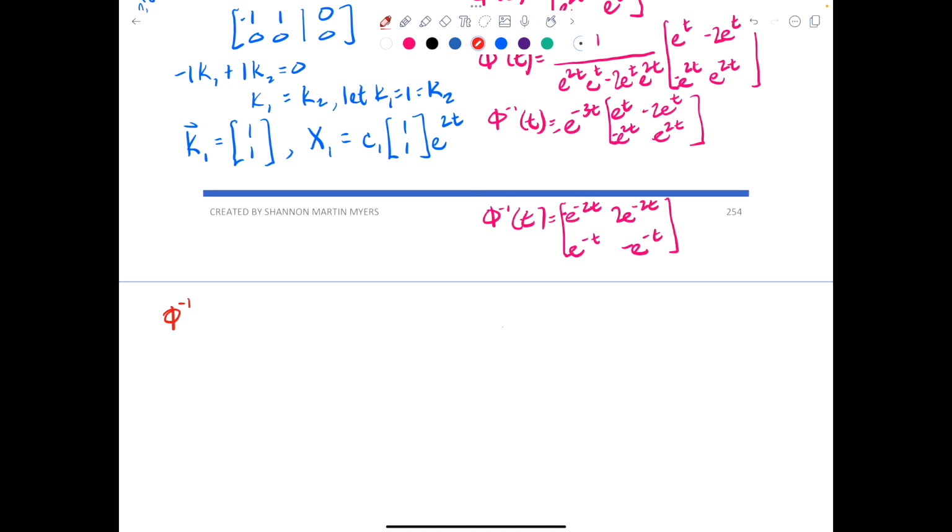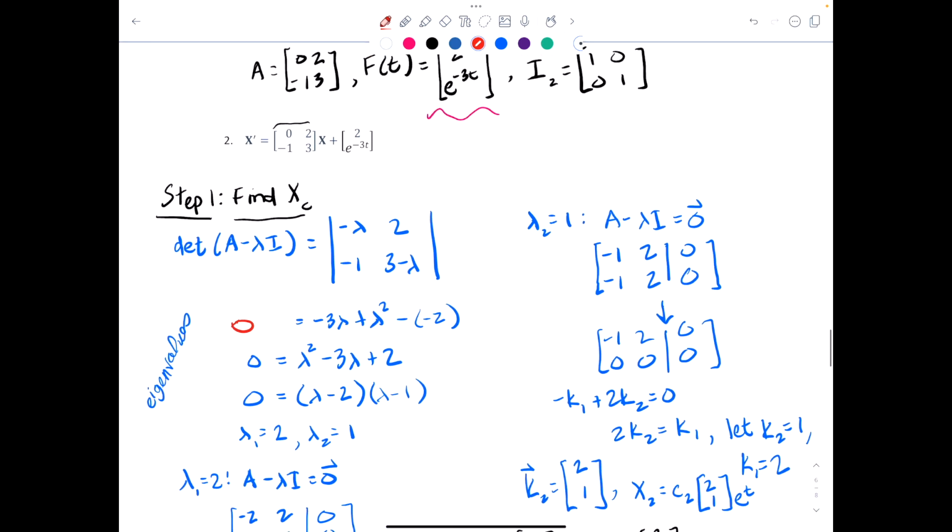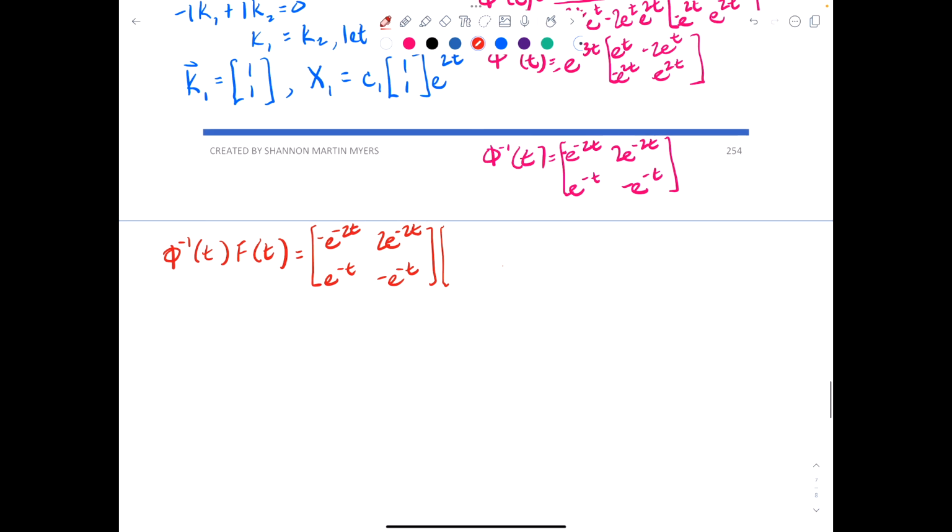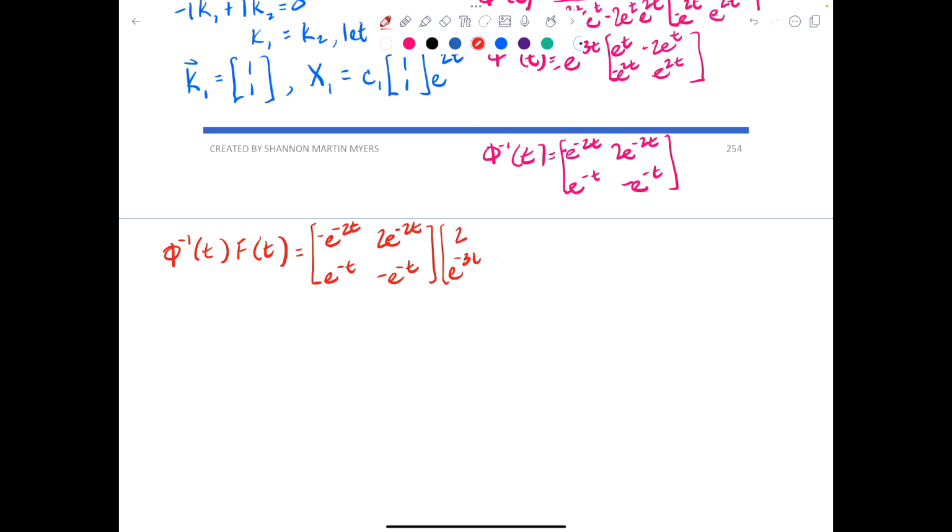So phi inverse at t times f at t equals, phi inverse was negative e to the negative 2t, 2e to the negative 2t, e to the negative t, negative e to the negative t, and then capital F at t was 2, and then e to the negative 3t. We have a 2 by 2 and a 2 by 1, so we'll end up with a 2 by 1.